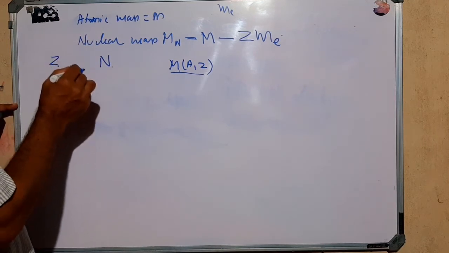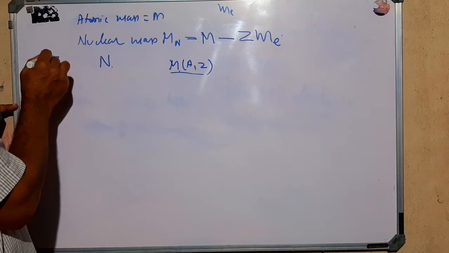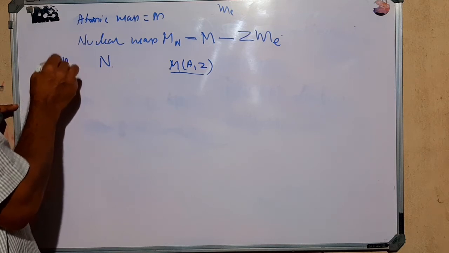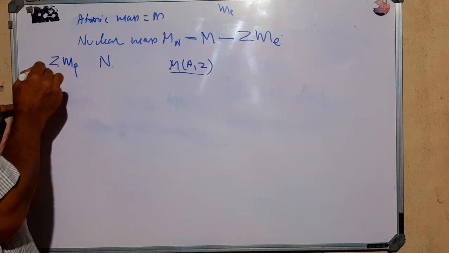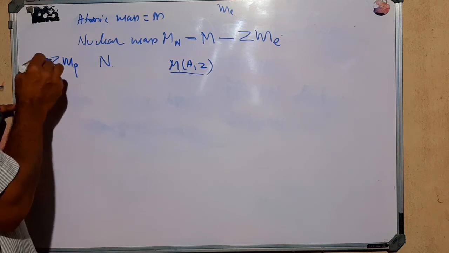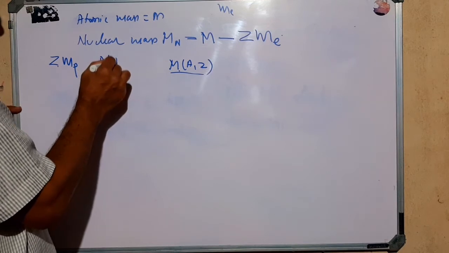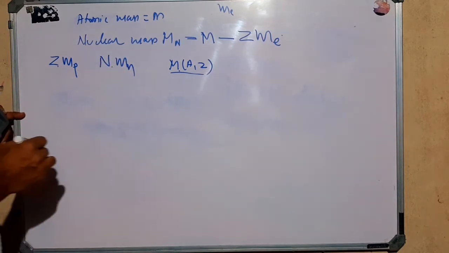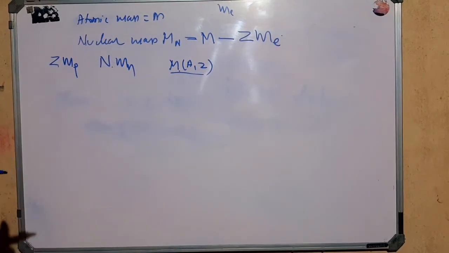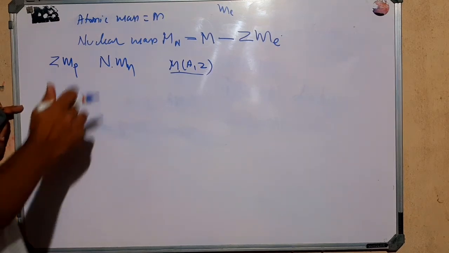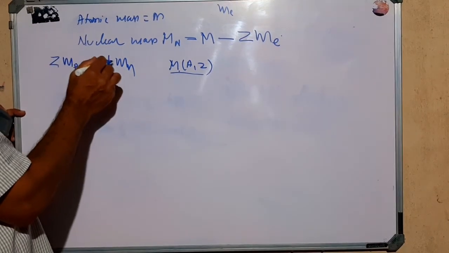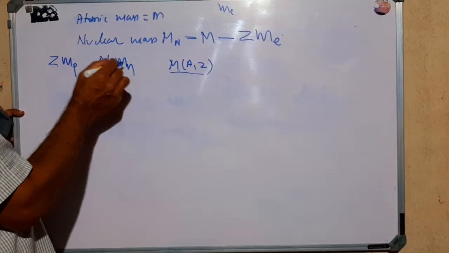Therefore, what happens to the total mass of the nucleus? Let us take mp as the mass of the proton, then the total mass of all protons becomes Z into mp. Let us take mn as the mass of the neutron. Then if there are N number of neutrons, the total mass becomes N into mn.